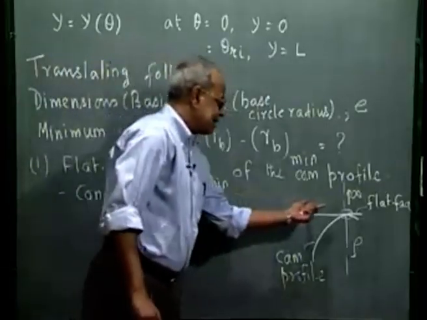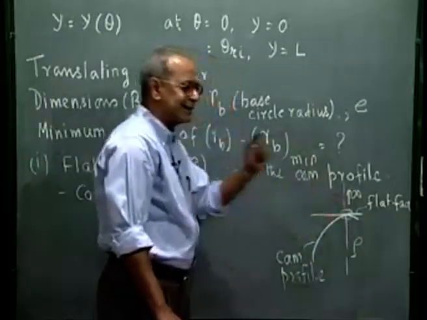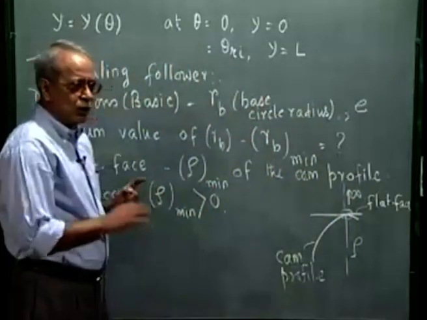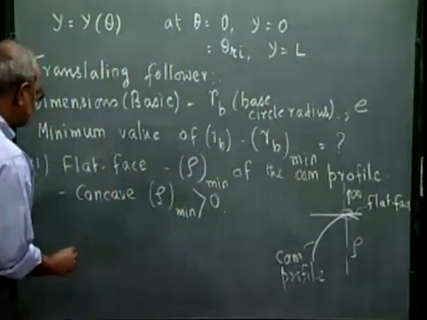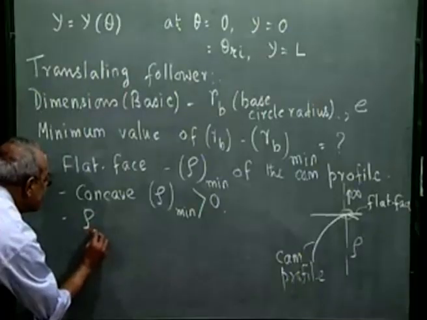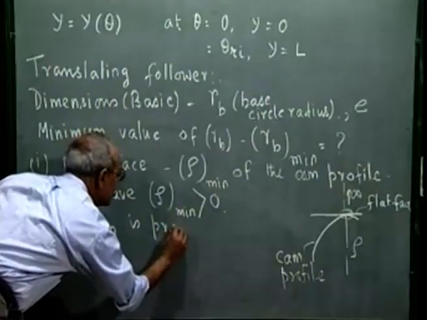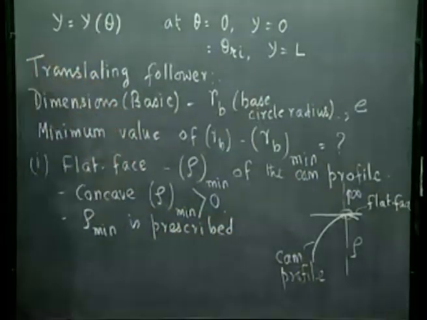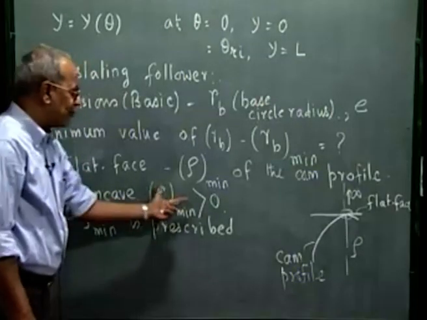So, the allowable contact stress level for the given force decides what must be the minimum radius of curvature. We will not get into the detailed discussion of how to determine this contact stress and how does it depend on rho. What we shall assume is that rho min is prescribed.